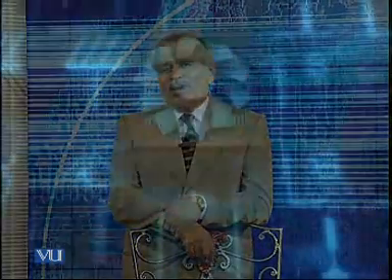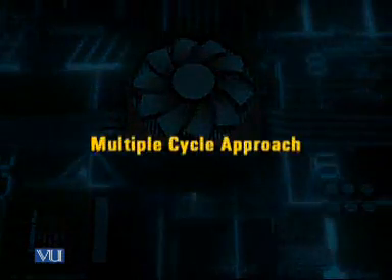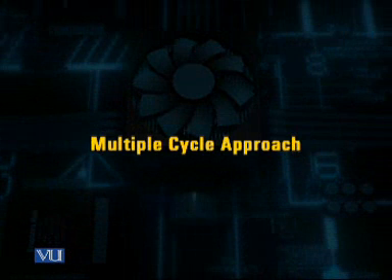So this shows that the total time of one instruction cycle can be divided into subsections, and each subsection is again known as a cycle, but a cycle of smaller duration compared to the cycle used in the single cycle data path design.